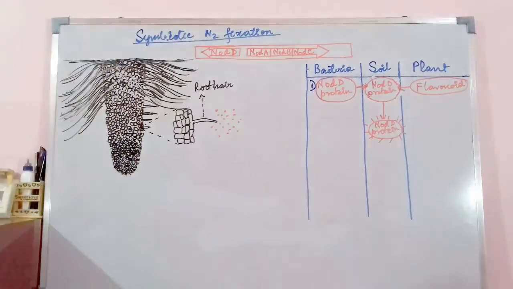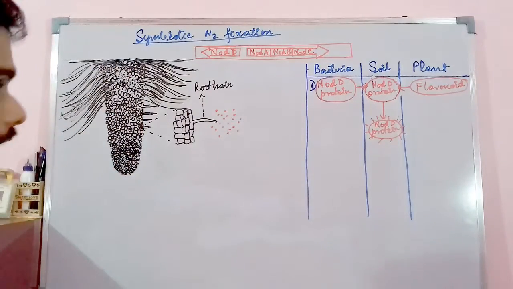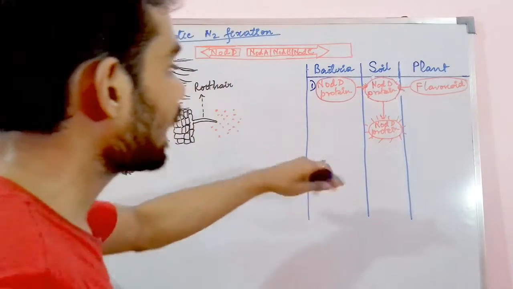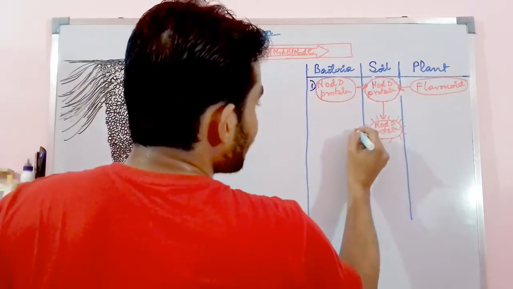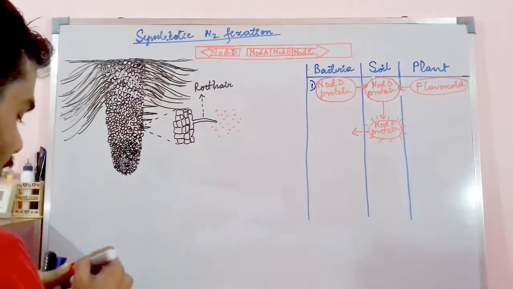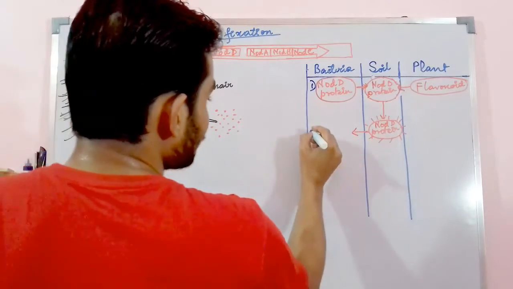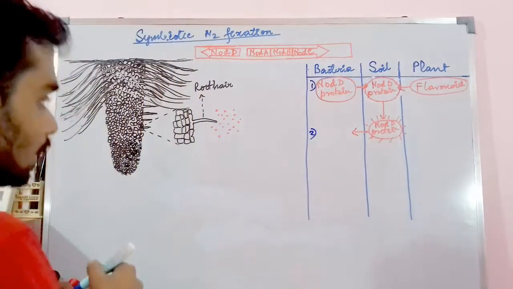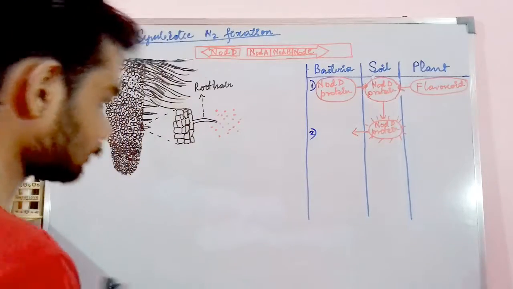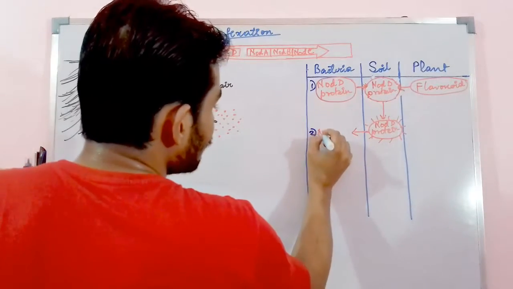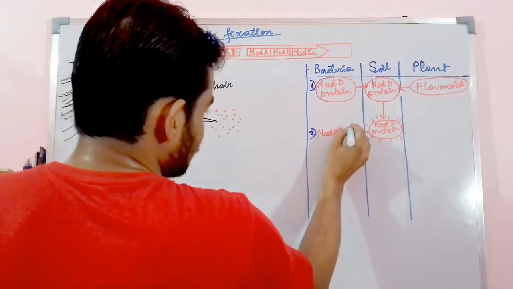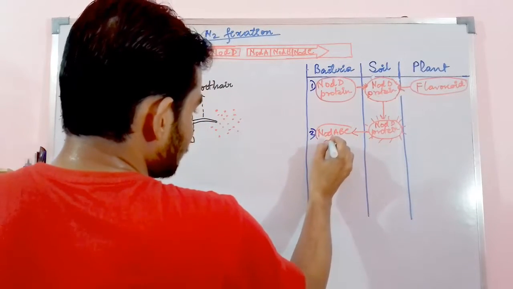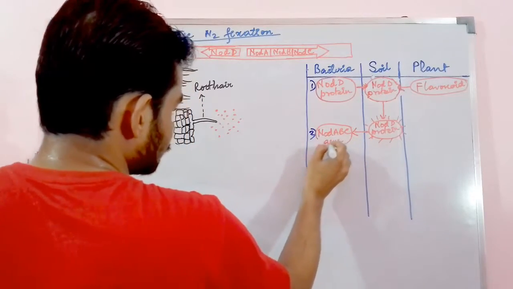Now this activated NOD D protein will again move to the bacteria. In the second step, it will target the NOD ABC gene.